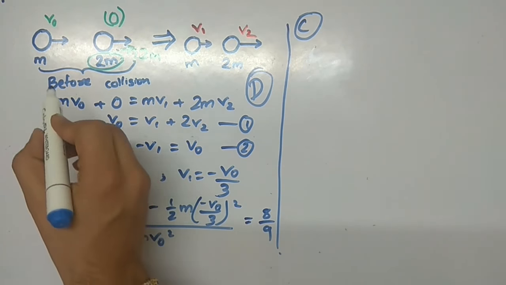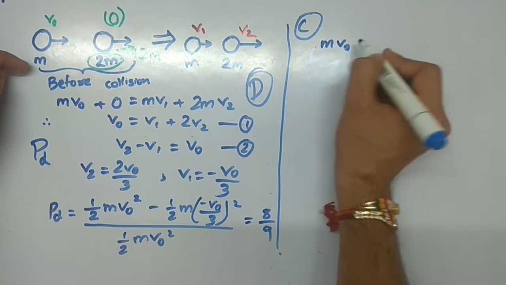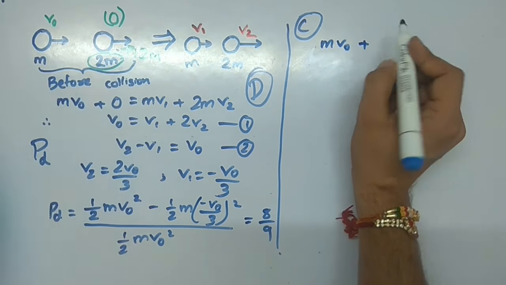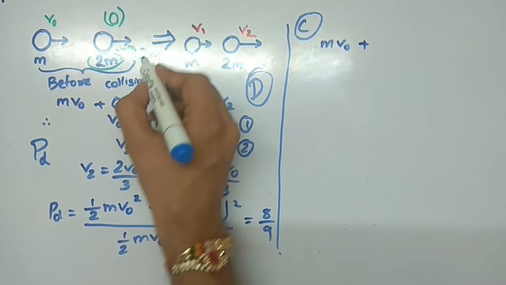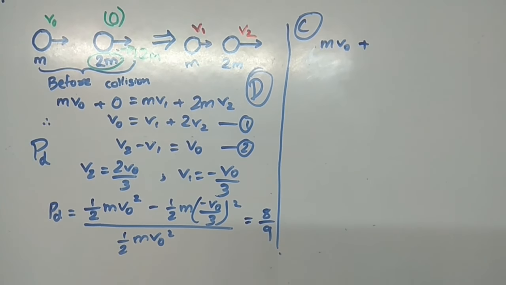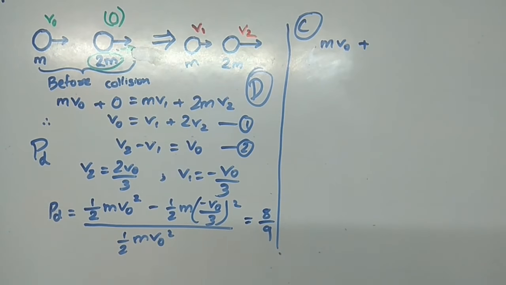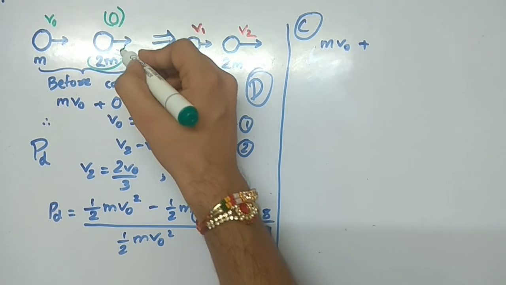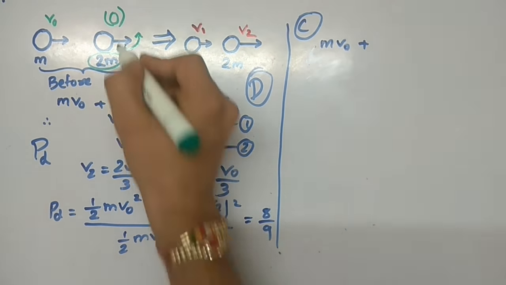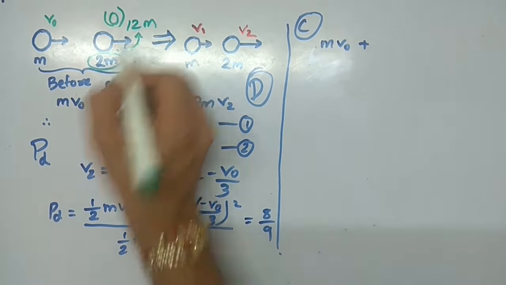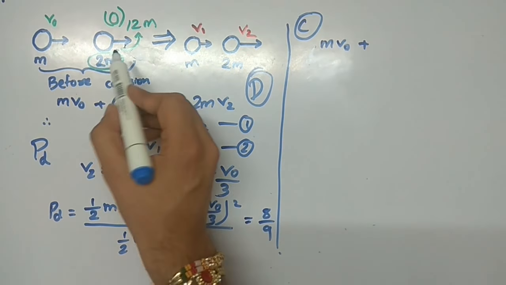So again, now what will be the before collision? mv0 plus, here now it's 12m. I think it's not visible due to the light, so I will write it somewhere different. So the mass is 12m. Okay, so now let's continue again.